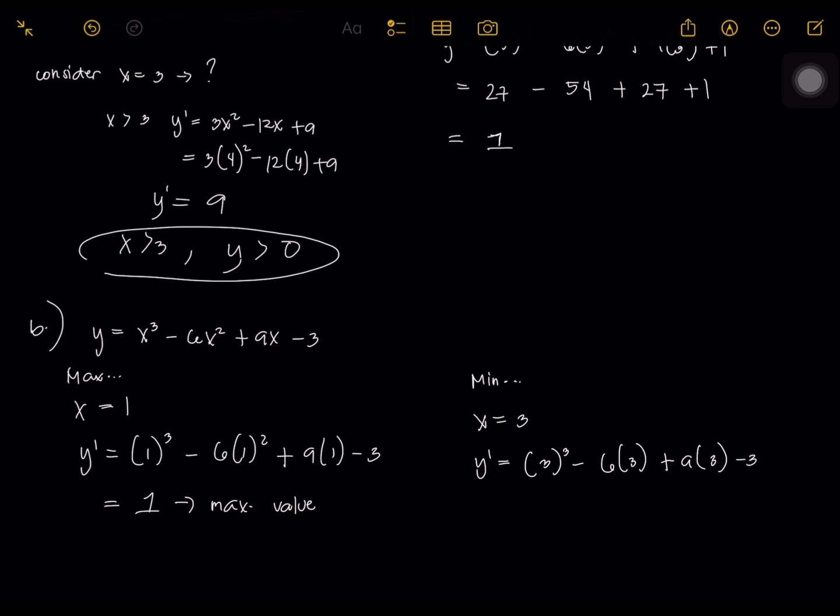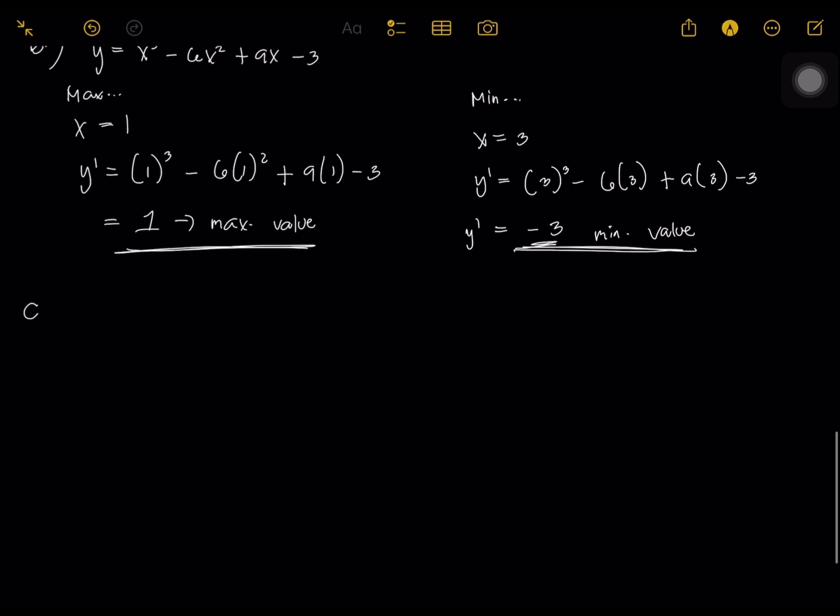So it's going to be negative 3. This negative 3 is the minimum value. So this is the maximum value, and this is the minimum value.